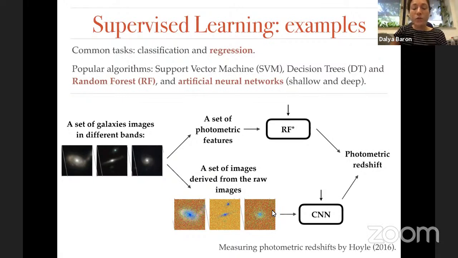And then he took these images and used a convolutional neural network, which is also a supervised learning algorithm that takes as an input these images and outputs a photometric redshift. In both of these cases, the training objects are those for which we know what the redshift is, a spectroscopic redshift. Okay, so once these algorithms are trained, they can then get photometry or these images and extract a photometric redshift.